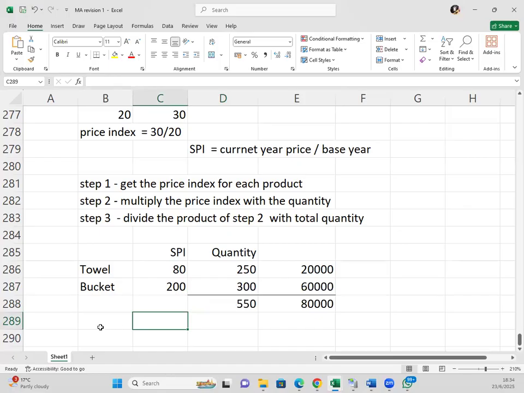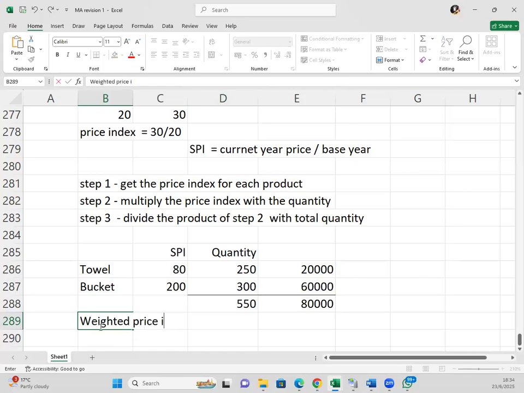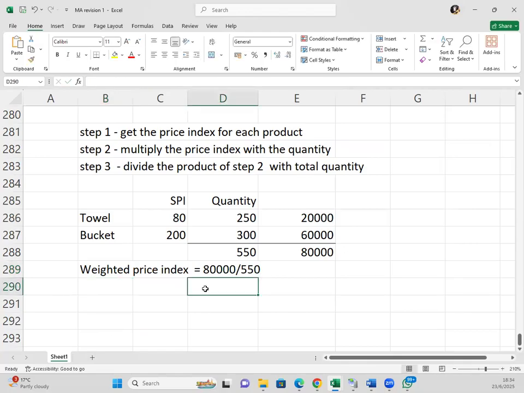Then the final answer, the weighted one that we are looking for, is the weighted price index. We say the total, that's step 3, divide the product of step 2, which is 80,000 divided by 550. So what you get is your weighted index.